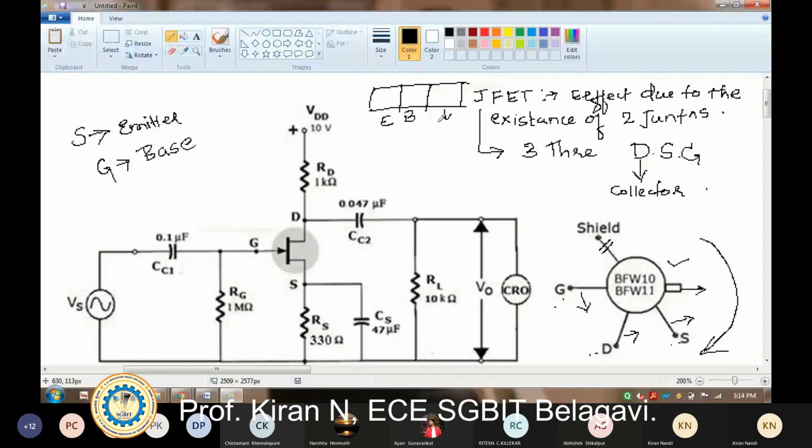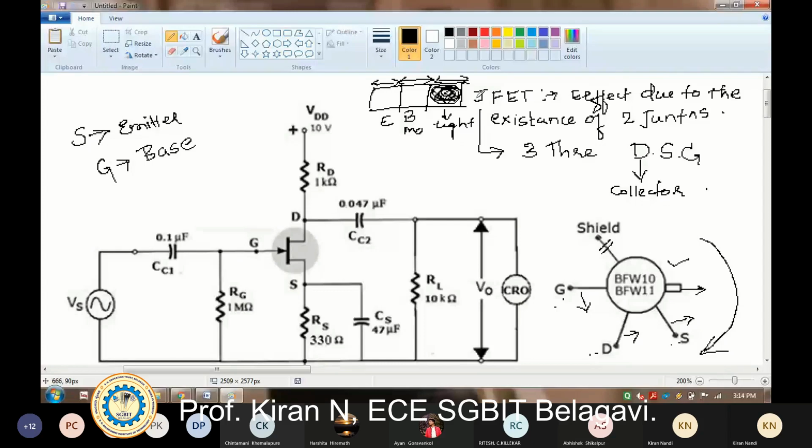Always this base terminal is thin, and the emitter is smaller compared to the collector, because the collector is bigger, as it is going to collect all the holes and electrons transmitted during the biasing conditions.